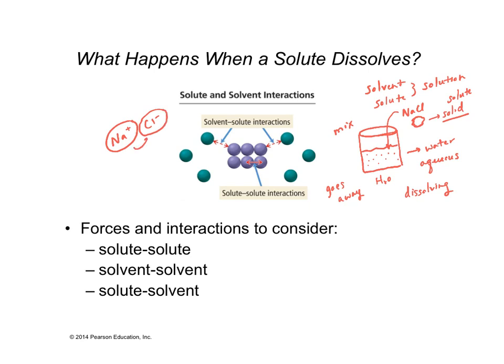This is what we would refer to as our solute-solute interactions. So those guys are attracted to one another, right? Because remember, with these guys, we have an ionic compound. This has our charged particles, our cations, and our anions. So this is an attractive force here, right?